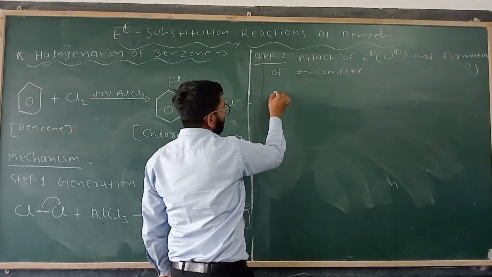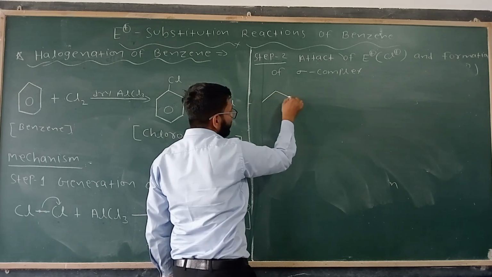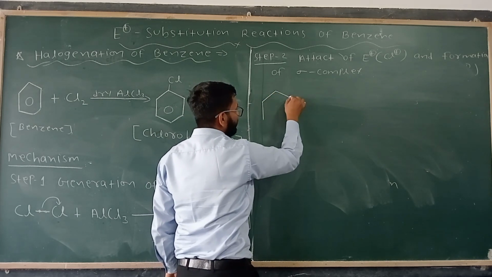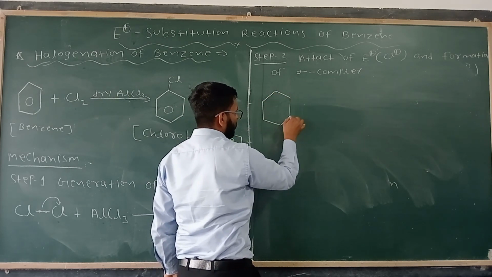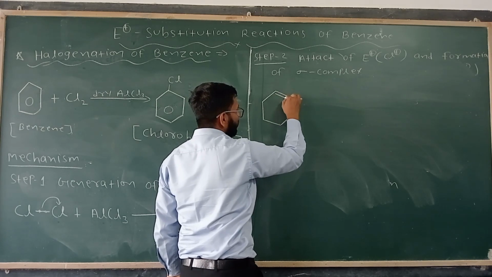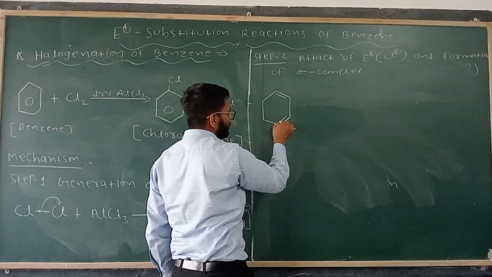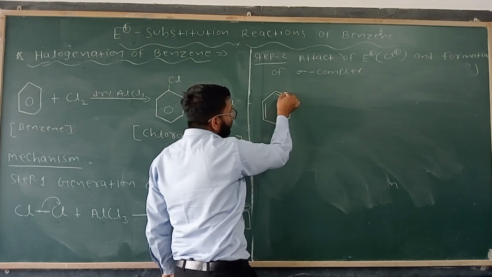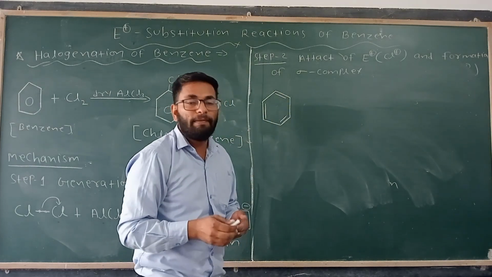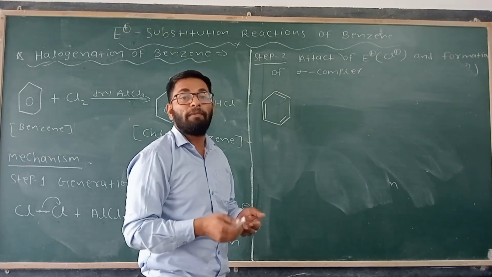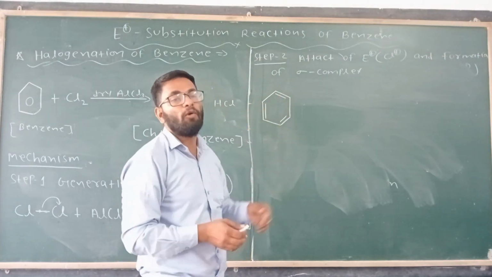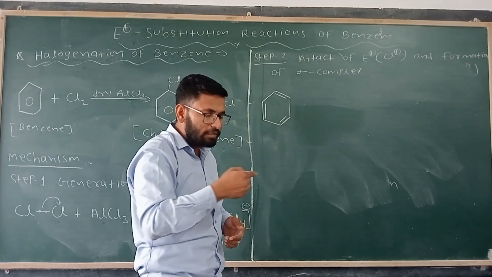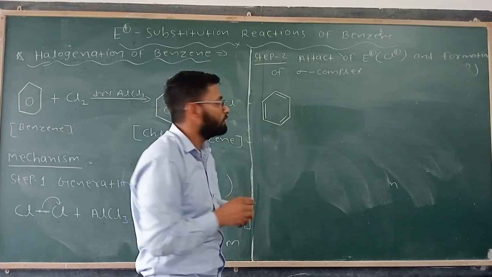Now you can see the benzene like this, a 6-member ring with 3 pi bonds. Now you know in benzene resonance takes place. These pi bonds are delocalized and continuously rotate in the benzene ring.